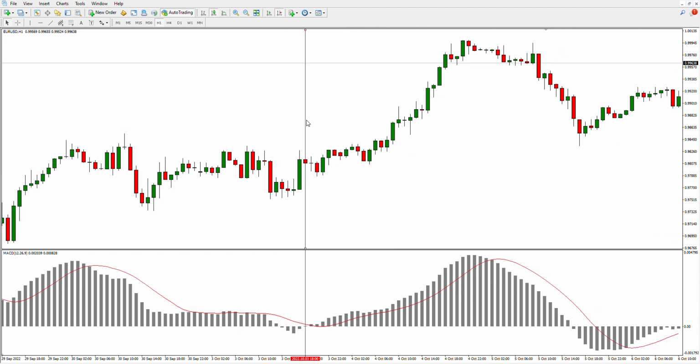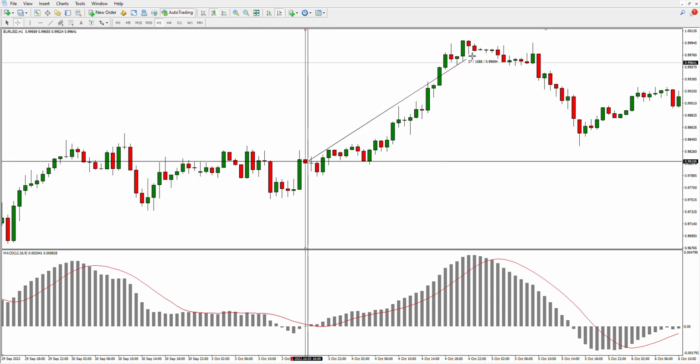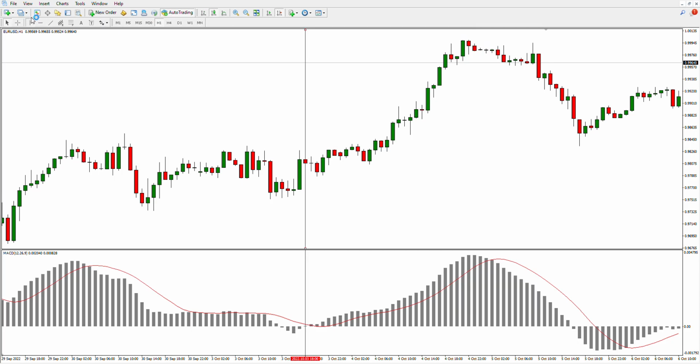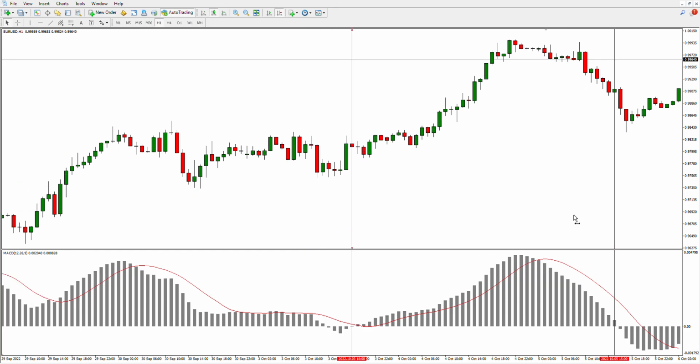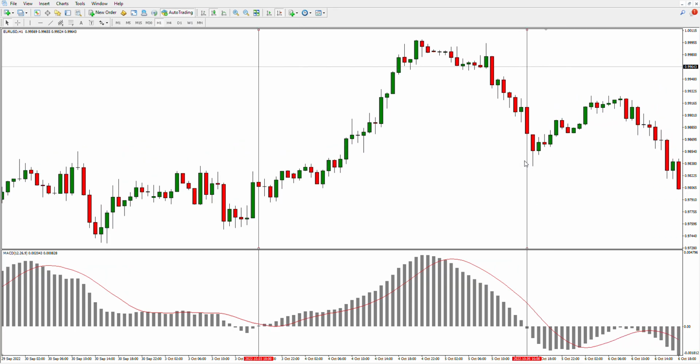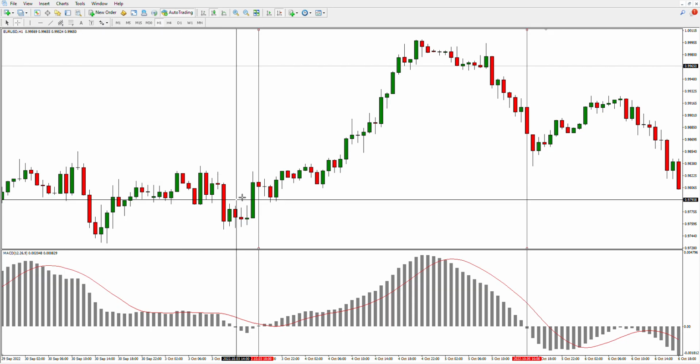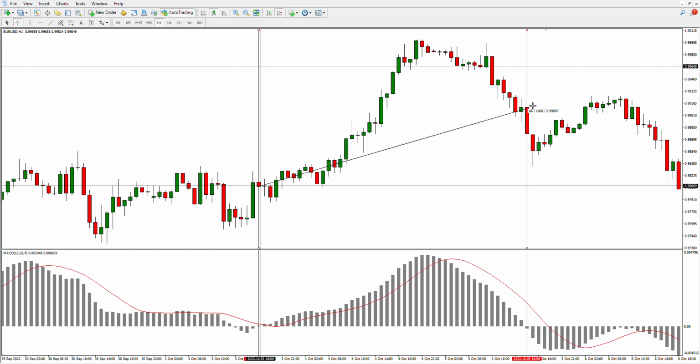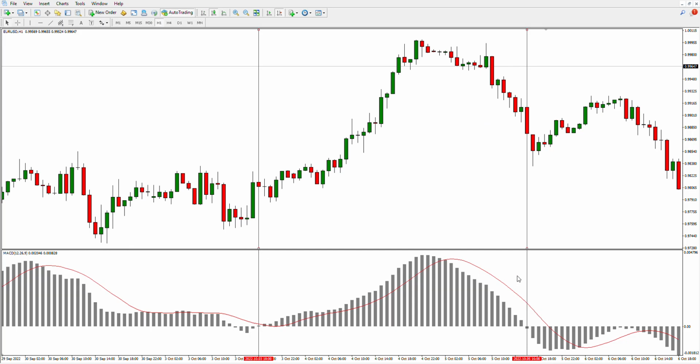However, if you took the opposite signal here, you would have caught that big move up. And if you exited on the opposite cross of the MACD on the zero line there, from here to here, that's 100 pips, so not too bad.